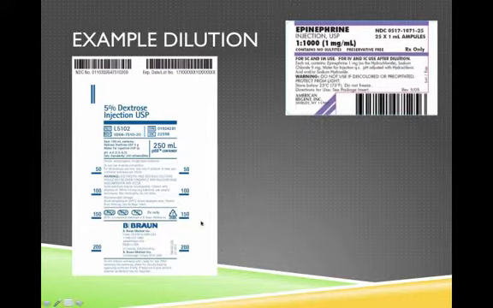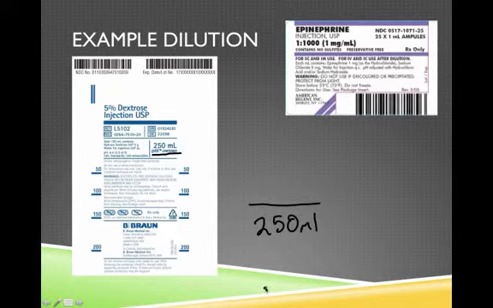So in this case here, we have a 250 milliliter bag. And I would like a concentration strength of 4 micrograms per milliliter.